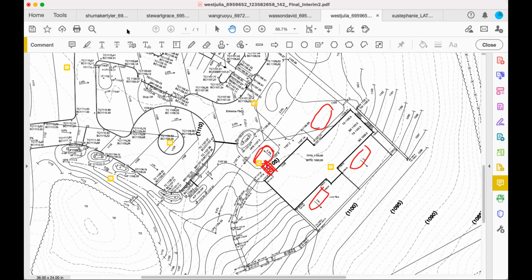I know this is not an ideal time to be changing contours, but let's try and see if it's easy enough to make some changes.